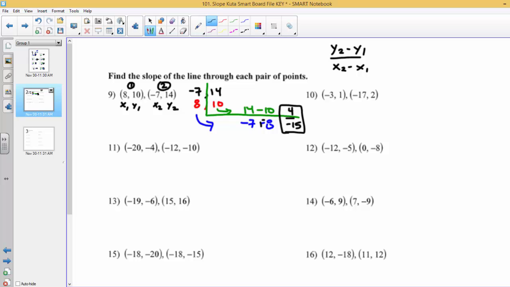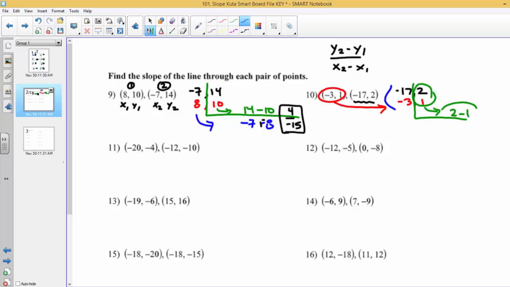So we're going to do the same exact thing. I'm going to write the second point first. It doesn't really matter which point you write first. You just need to be consistent in your subtraction. So this point is just right there. You're going to subtract the y's on top. 2 minus 1, I literally just put this right there.